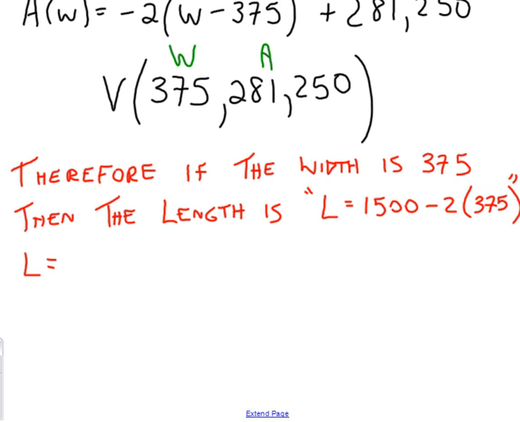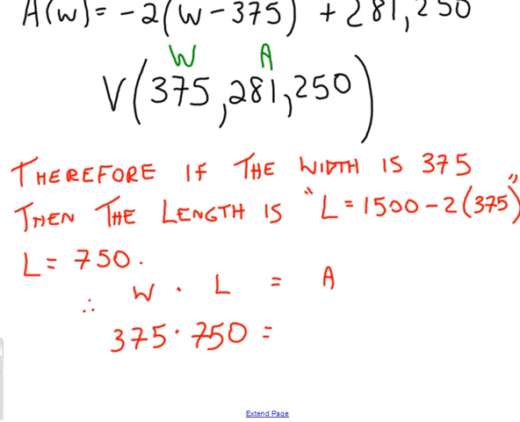So therefore, if I take the width, which is 375, multiply by the length, which is 750, this is a rectangle, so length times width should equal the maximum area. Let's check to see if 375 times 750 equals 281,250.